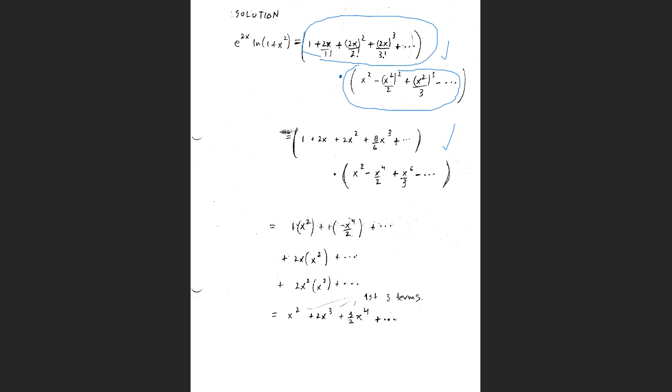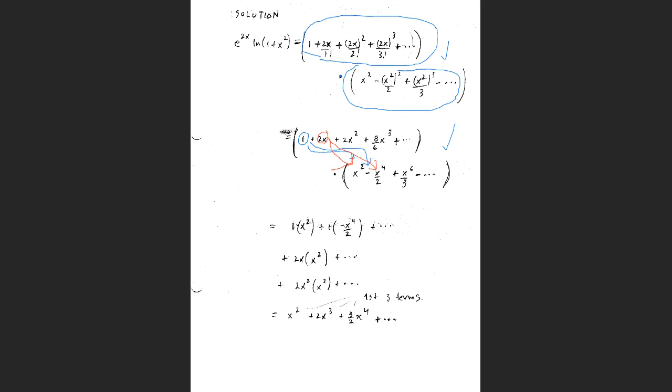So I know, for instance, the 1, I can distribute the 1 times x squared, and I can distribute the 1 times negative x to the 4th. What I'm saying is, to multiply one power series by another, I can take each term of the first power series separately and distribute it to every term in the second power series.